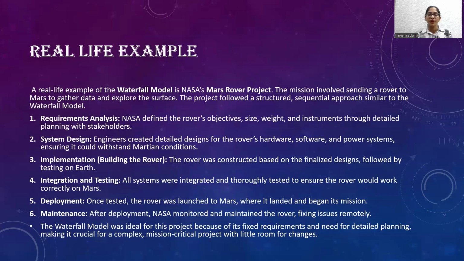Maintenance. After the deployment, NASA monitored and maintained the rover, fixing issues remotely. So the waterfall model was ideal for this project because of its fixed requirements and need for detailed planning, making it crucial for a complex, mission-critical project with little room for changes.